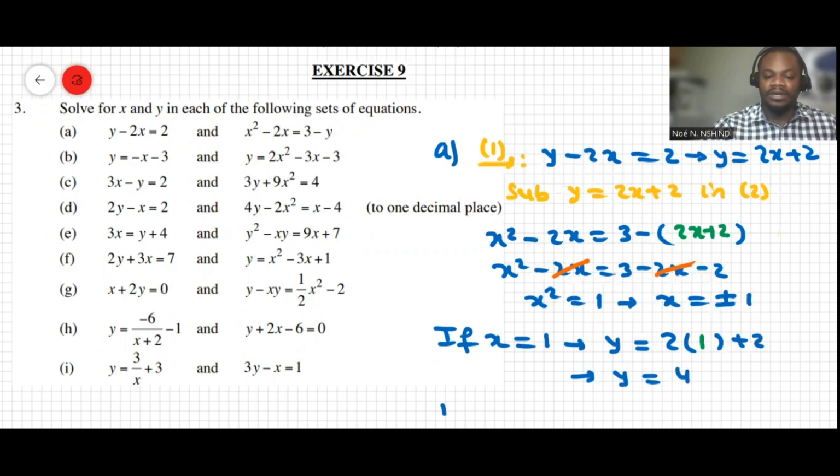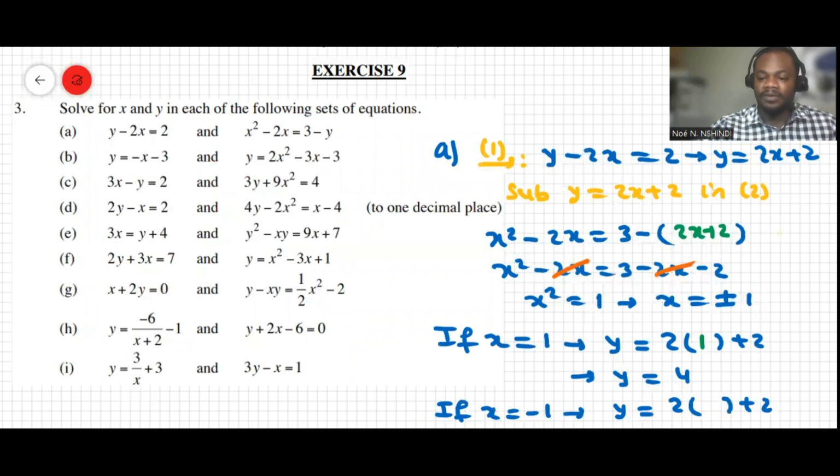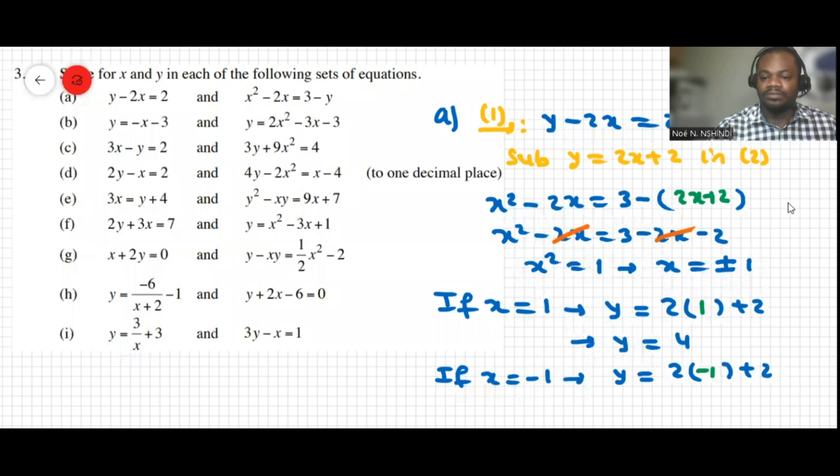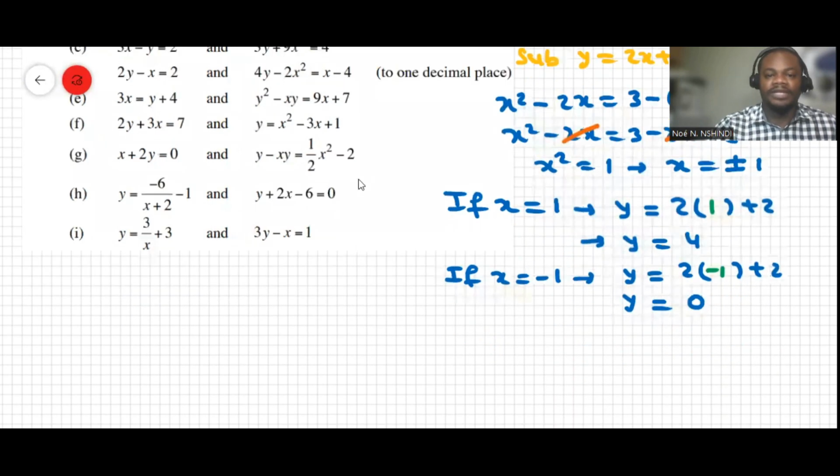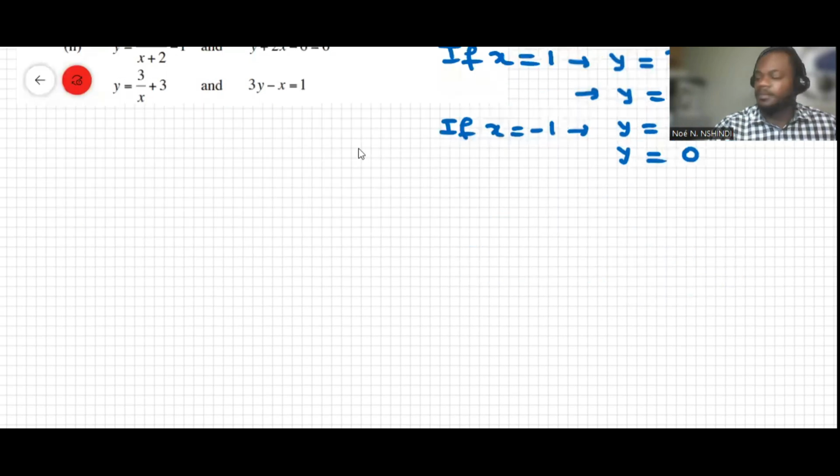Okay, and then if x is negative 1, y will be equal to 2 times negative 1 plus 2, and then y will be 0. That was question A.